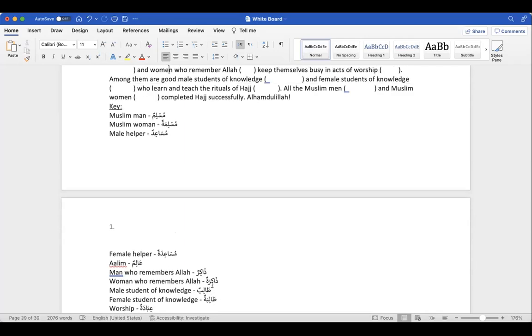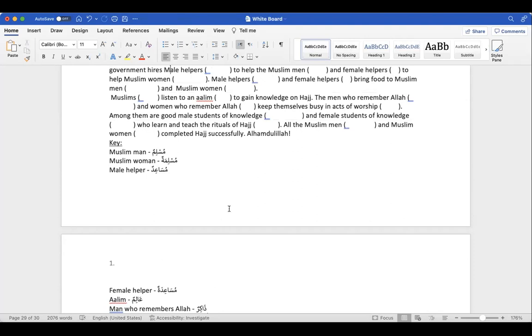So what will it be here? Male students. Talibun is one, Talibuna. And Tulaba also. Talib has two plurals, Talibuna and also Tulaba. Talibin is also said.